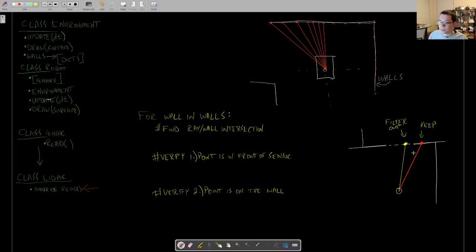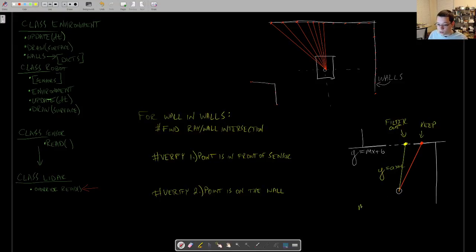Now, normally, to find this intersection, we would say this line equals y equals mx plus b, and this line equals y equals ax plus c.